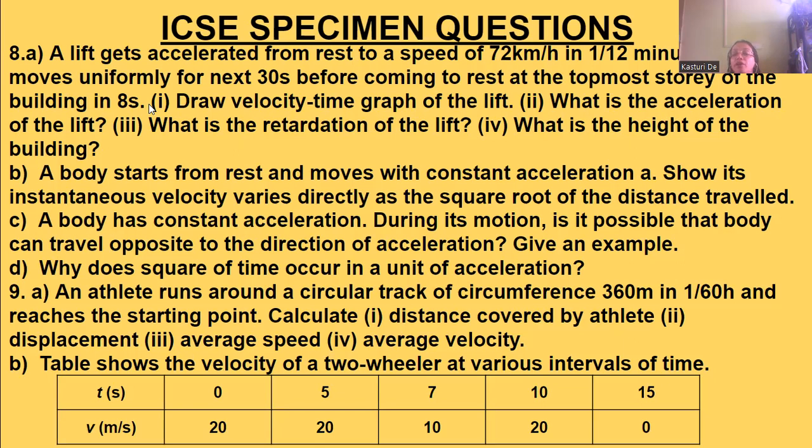So it gets accelerated to a speed of 72 kilometers per hour in 1/12 minutes, then moves uniformly for the next 30 seconds, and stops at the topmost story of the building in 8 seconds.